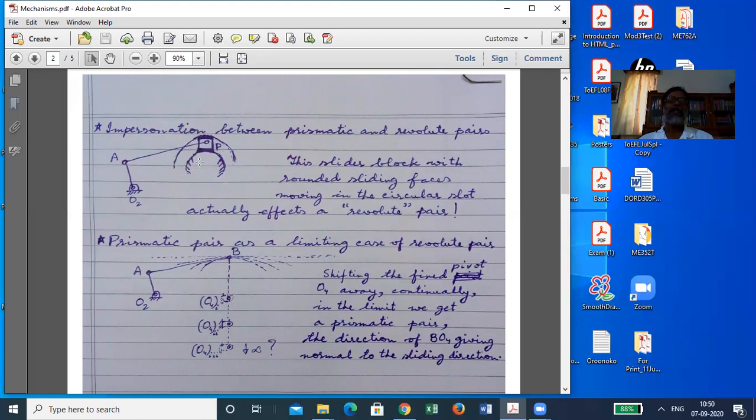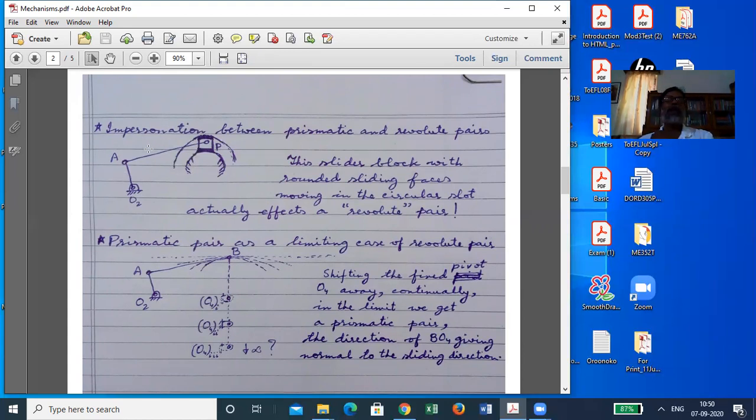Because if you had, rather than putting this, put actually a bar of length equal to the distance from this pivot to the center of these concentric circles, and then at that point you had pivoted that bar, that rod, then it would be a normal 4-bar mechanism with all revolute pairs, and the motion of all important points of all links will be as it is in a 4-bar mechanism.